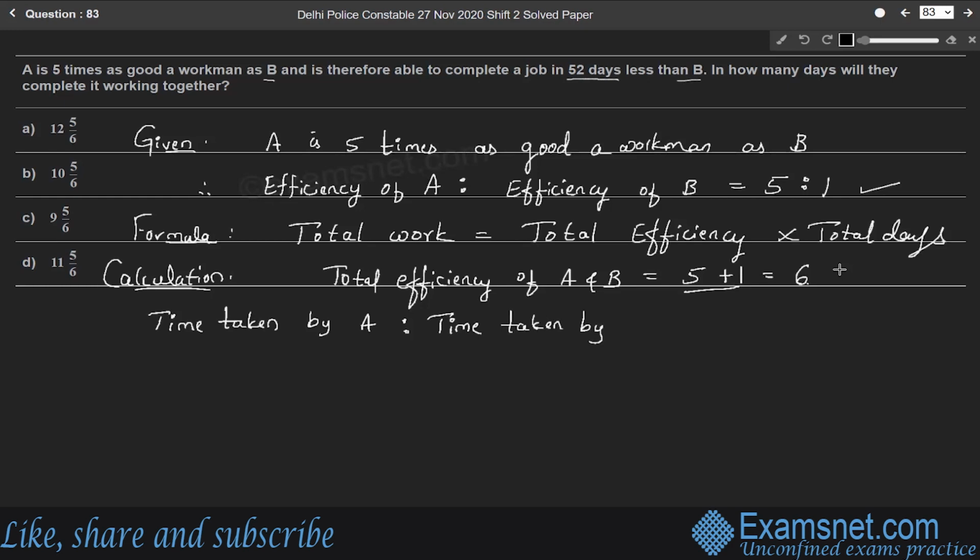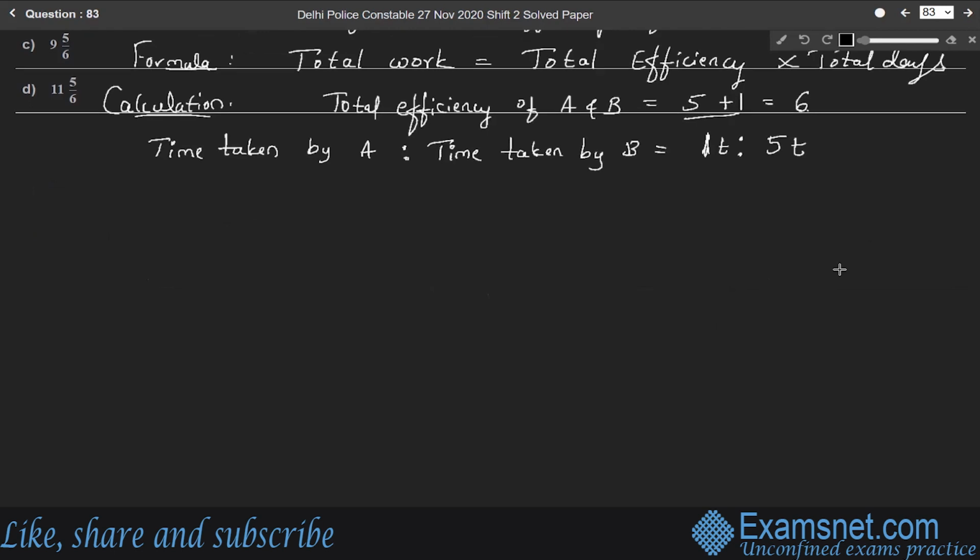Since A is more efficient than B, so A takes less time compared to B. Therefore, time taken by A to time taken by B ratio is 1 is to 5. So let time taken by A is equal to t and time taken by B is 5t, right? Therefore, the ratio becomes t is to 5t.